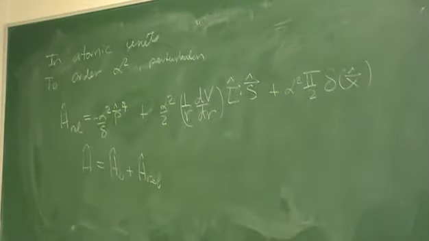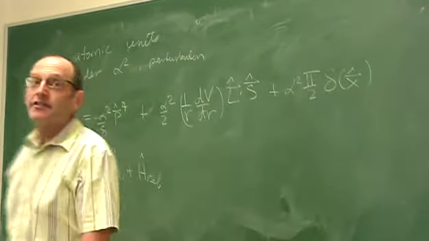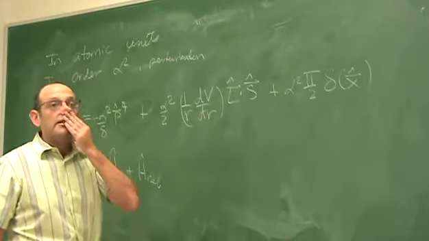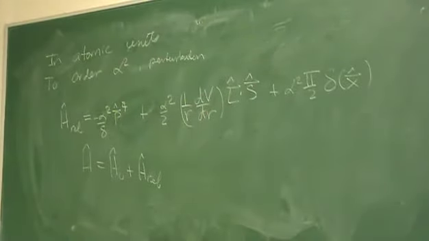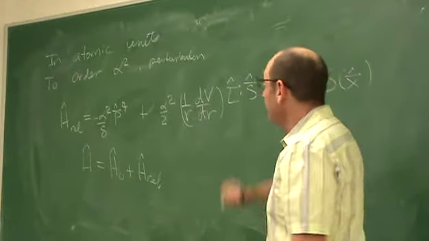So alpha is 1 over 137. This is a perturbation. And so what we want to do now is perturbation theory to see how the levels are changed in the presence of these perturbations. Firstly, what we see is that if the orbital angular momentum is 0, this term is 0.